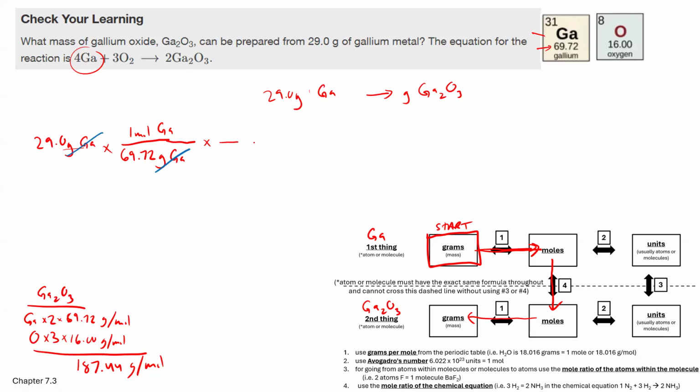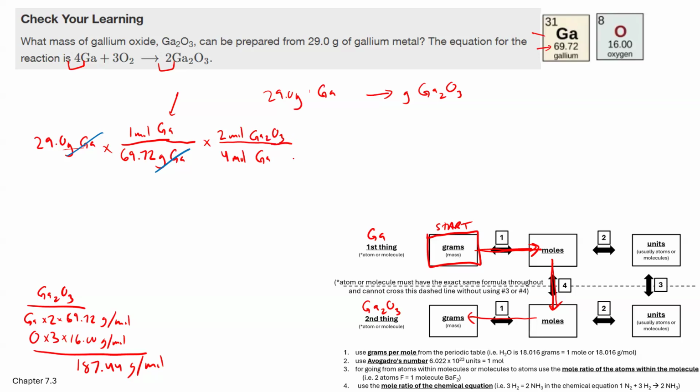Let's move on. Next one, we know we're going to have to cross arrow 4. Here we need the mole ratio. This is where we're going to use those coefficients in front of the products and reactants. So 4 and 2. I need the gallium metal on the bottom to cancel out with this gallium metal on top. So now I put 4 moles gallium, and here is going to be 2 moles gallium oxide.